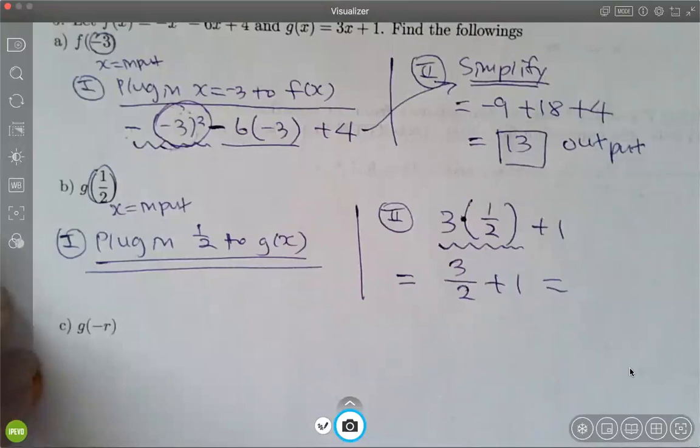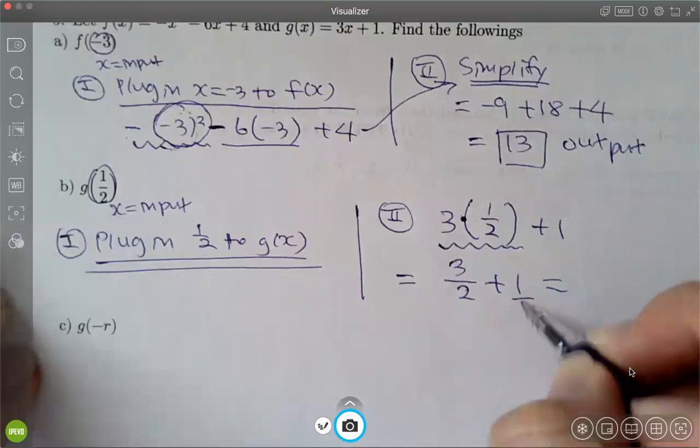Okay, now express that as an improper fraction, which means the bigger top. So 2.5 is what over 2? 5/2. 5 over 2, right?